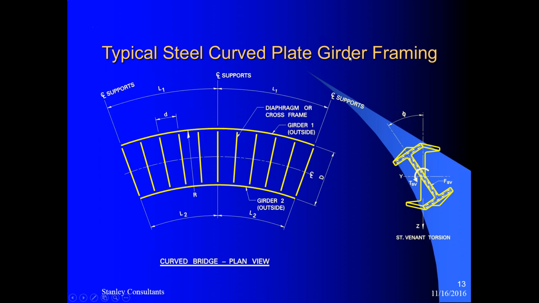Typical curved girder framing. This one has two girders. As you would notice, the center of gravity of the girder is offset from the support line connecting the two ends of the girder. This creates a torsional force that needs to be resisted by the girder.